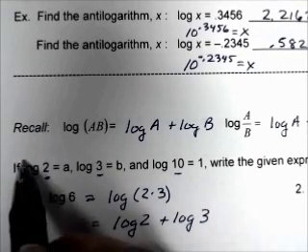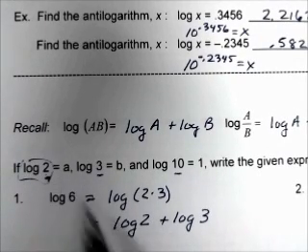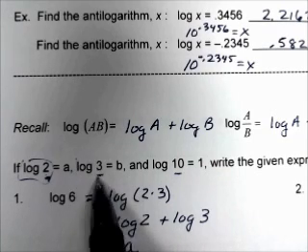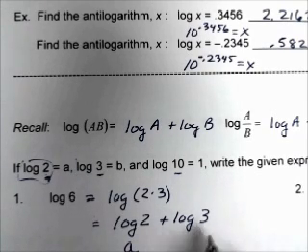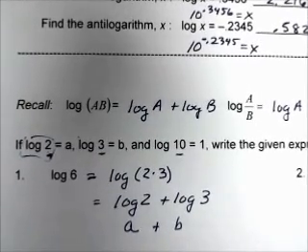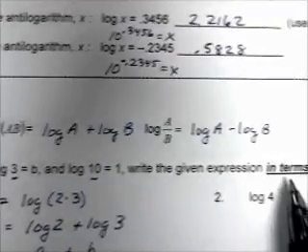What does log 2 equal? It equals a. So replace log 2 with a. And log 3 is equal to b, so replace log 3 with b. So we've taken the expression log 6 and written it in terms of a and b.